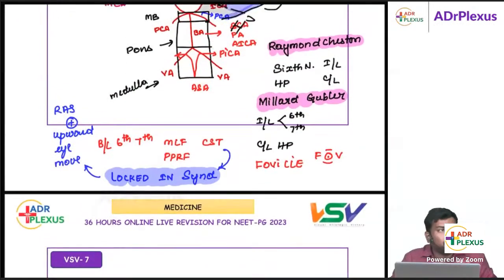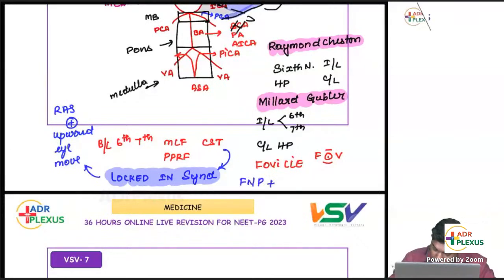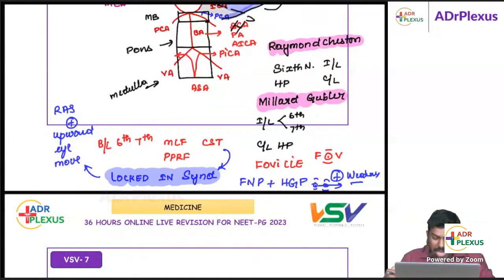Foville syndrome is facial nerve palsy plus horizontal gaze palsy. Horizontal gaze palsy means you all know that both the eyes are looking towards one direction. Then W is short for weakness.